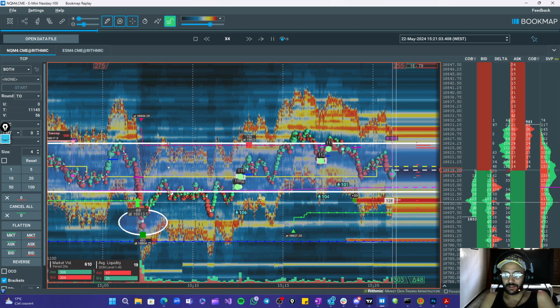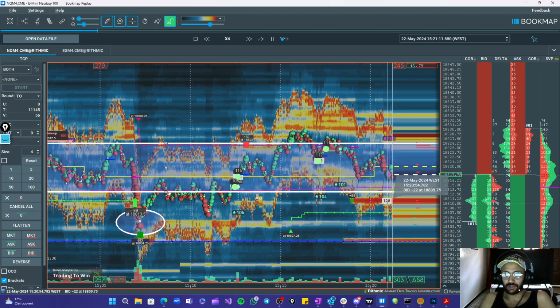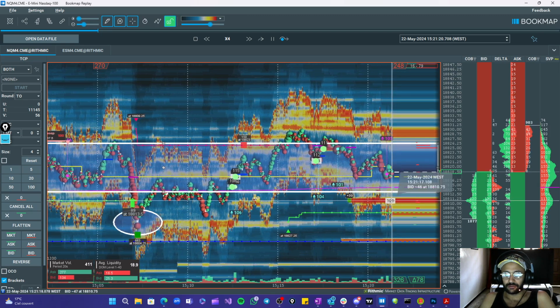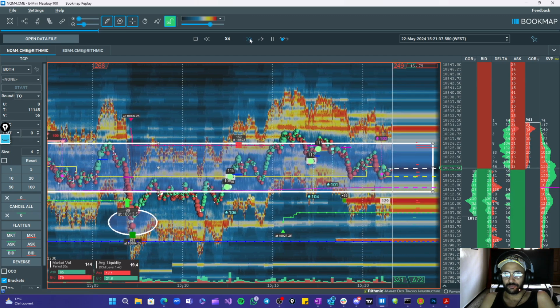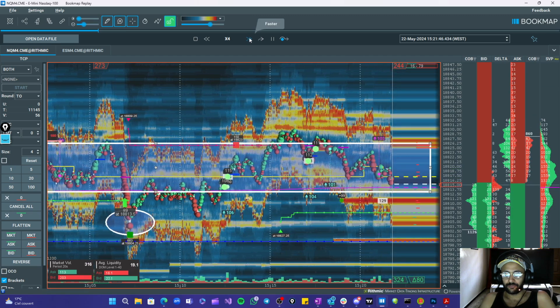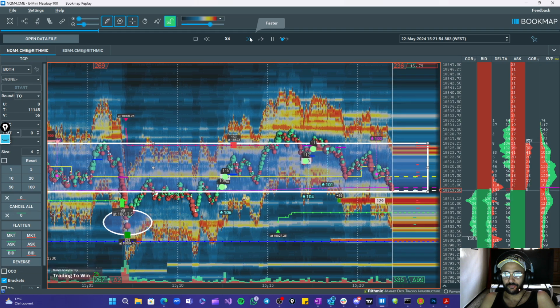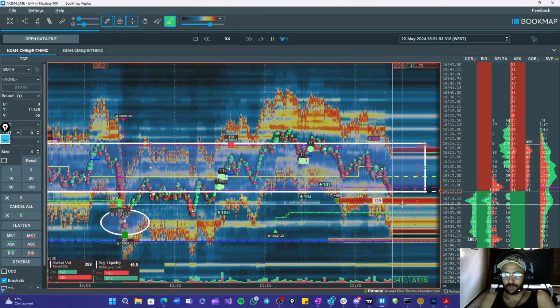We are adding contracts. We have a big buyer over here. We are adding liquidity. So yes, we are looking for this liquidity.